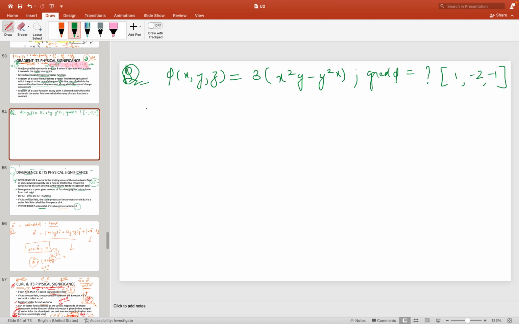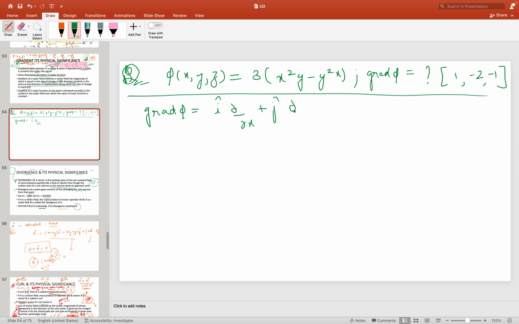Can you try calculating this? Simply what you will do, grad phi is equal to, solution is here, i cap del by del x plus j cap del by del y plus k cap del by del z, all acting on the function phi.